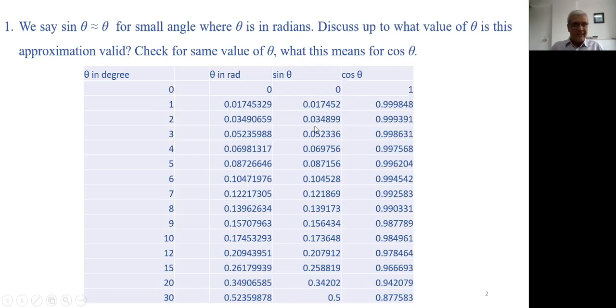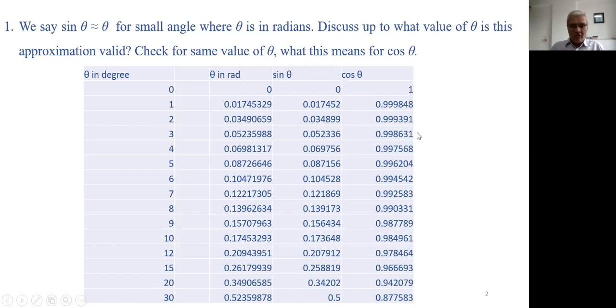And then this actually increases as your theta increases. So you go to 10 degree, then the first 2 digits after the decimal are the same, the third digit differs. And if you go to 30 degree, the first digit is the same, the second digit definitely differs.